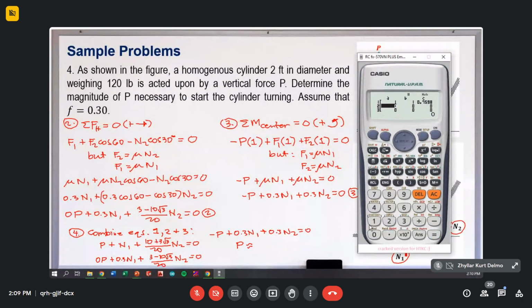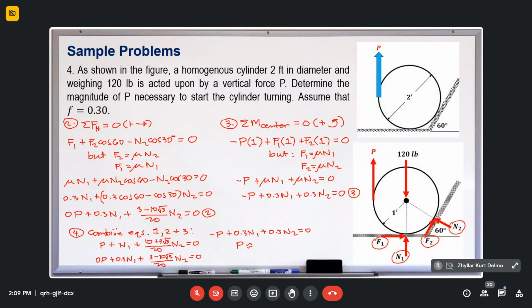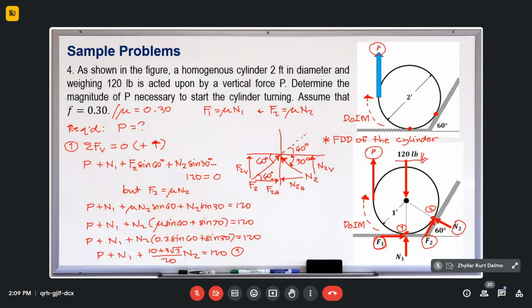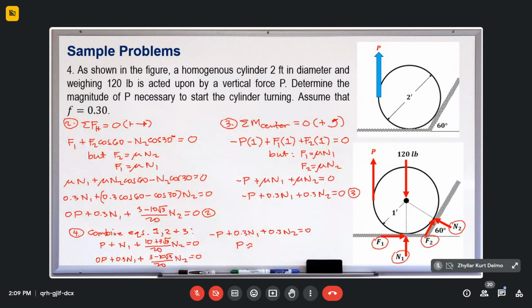Then the next equation. We have 0 for P, then 0.3 for N1, and then wait, our equation 1, I think it's not 0, it's 120, sorry.